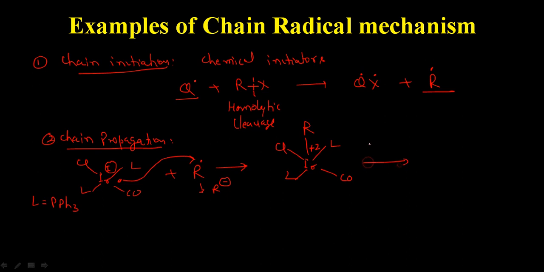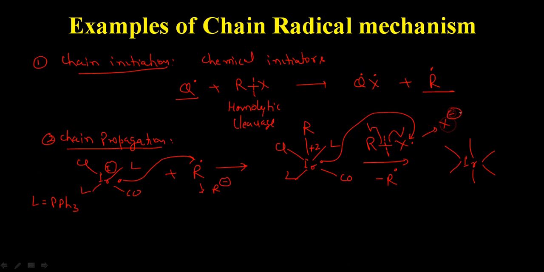In the next step, what happens? Another RX molecule comes into play. Now this bond is homolytically cleaved, and can form R radical and X radical. Now iridium loses one more electron to X radical, releasing back R free radical, and iridium, after transferring its electron to X radical, which is then converted into X negative, and this X negative can now form complex with iridium.